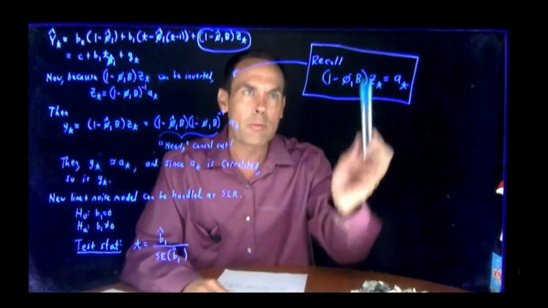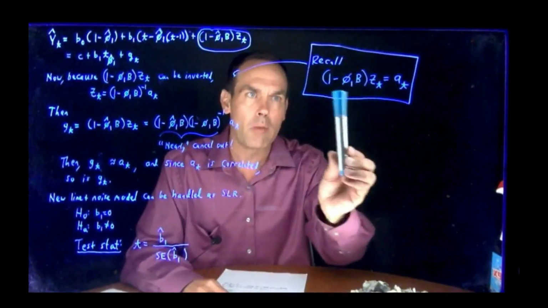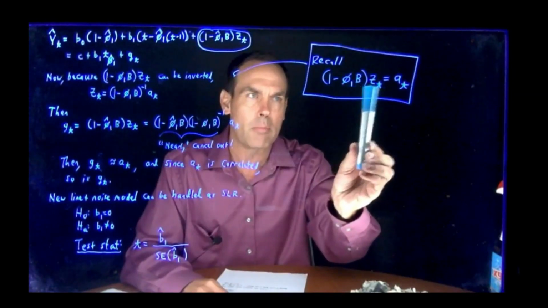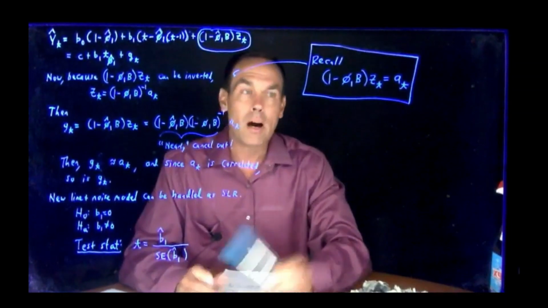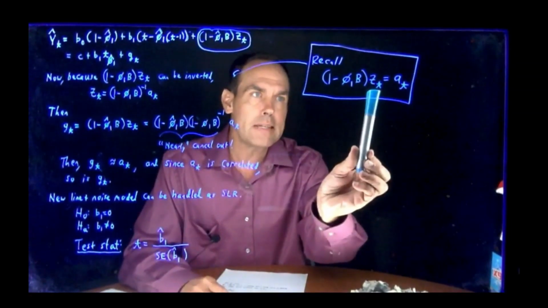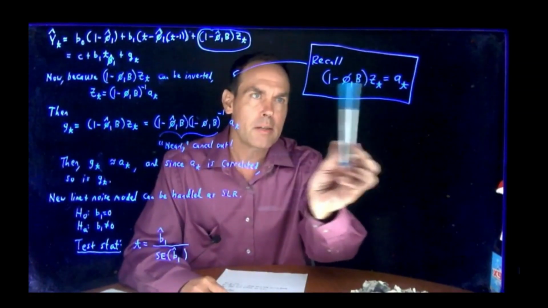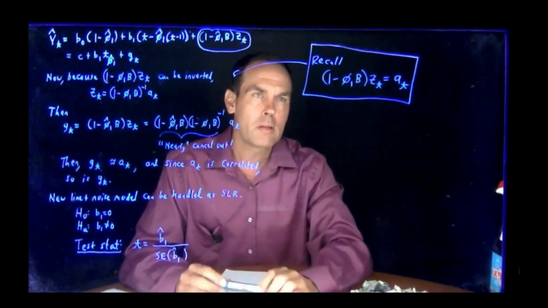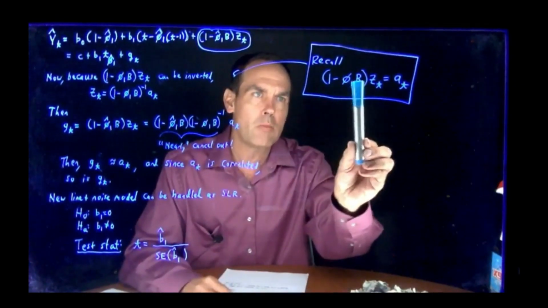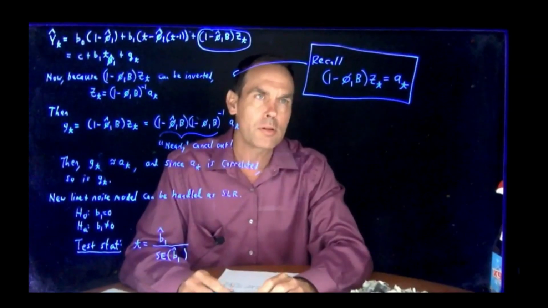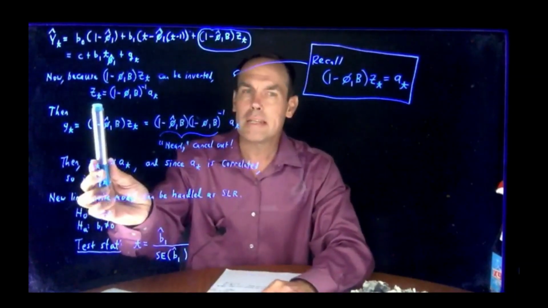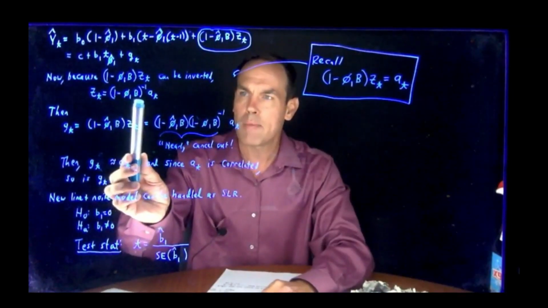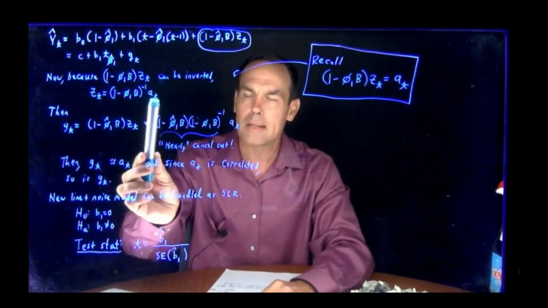Here's why. Remember the original AR1 model, 1 minus phi1 operator b times zt equals at. Well, because of that, we could solve for zt because we could invert this by multiplying by 1 minus phi1 b inverse, and that would give us zt. That would give us zt equals 1 minus phi1 operator b inverse times at.